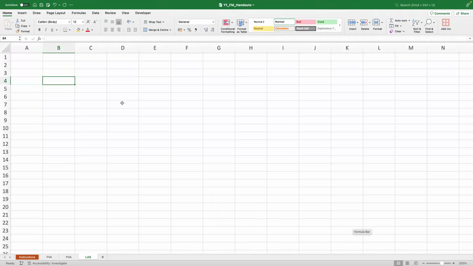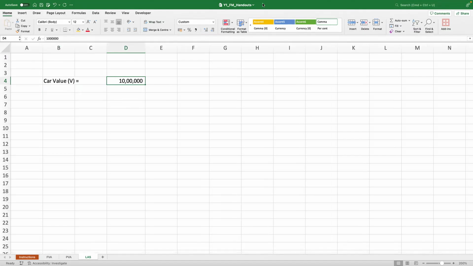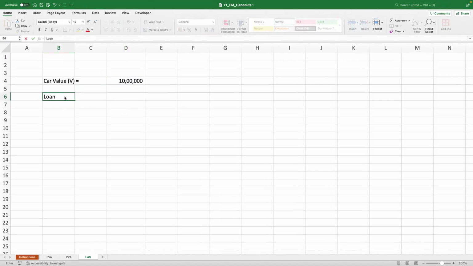In this case, the car value is how much? Car value is given to be 10 lakhs. And what is the LTV, the loan to value ratio, that is sanctioned by the bank?